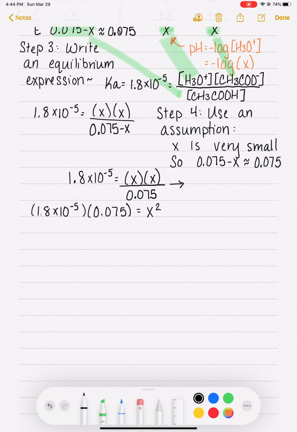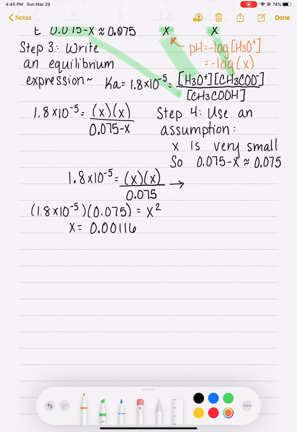I'm getting my calculator out. 1.8 times 10 to the minus 5 times 0.075, and we take the square root of that number. X is 0.00116.